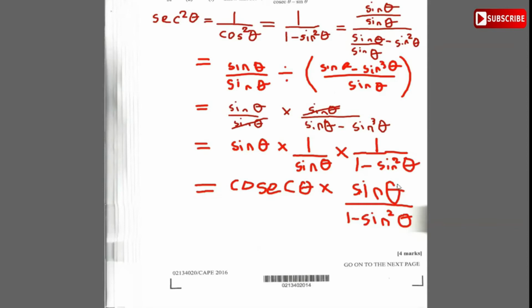So let me see now, this part, sine theta over 1 minus sine square. As we said, looking at this part right here, we get the numerator already. We just need to show this is 1 over. We know sine theta in the numerator is 1 over cosec.